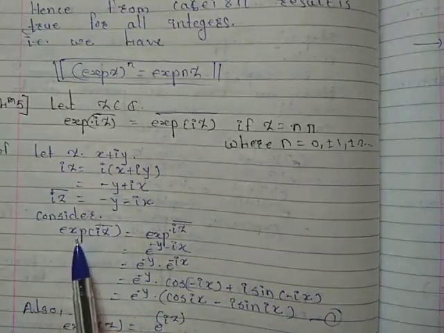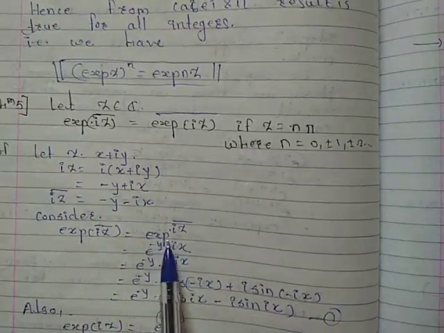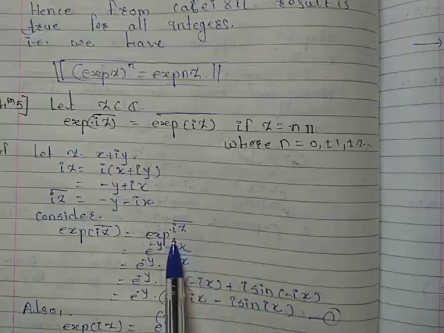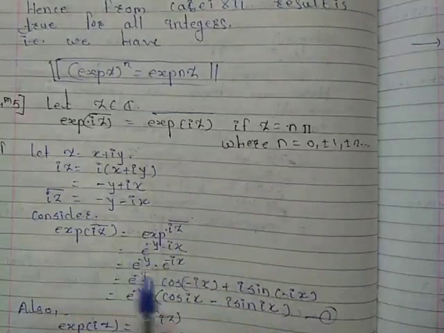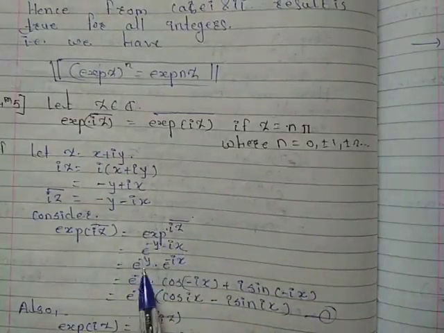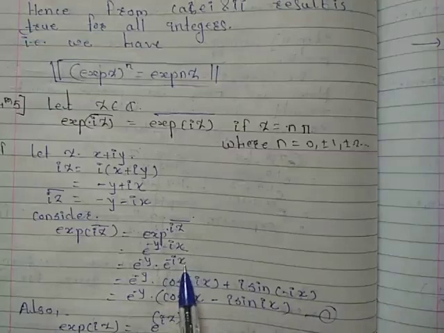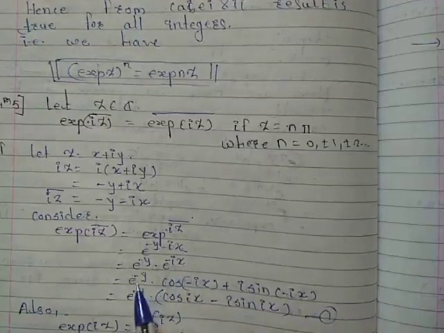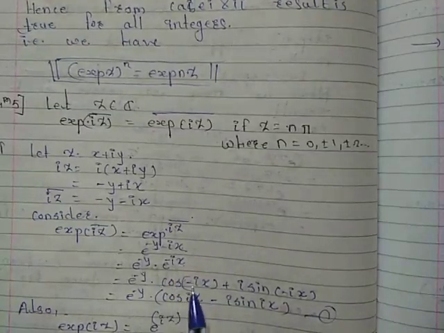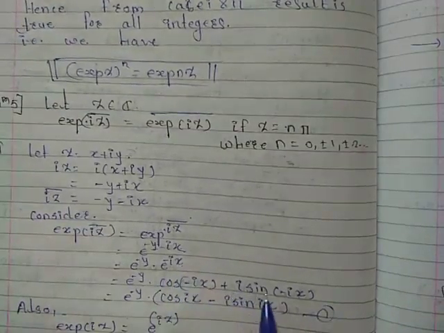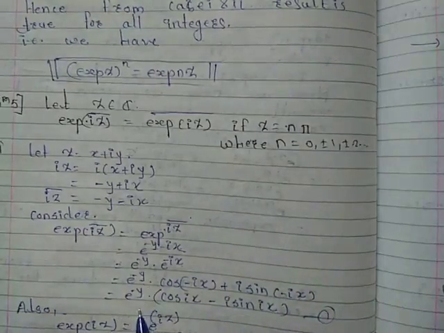Consider exponential of iz bar. This is e raised to iz bar. iz bar is minus y minus ix. This can be written as e raised to minus y into e raised to minus ix, which is e raised to minus y into cos of minus ix plus i sin of minus ix, which is equal to e raised to minus y into cos ix minus i sin ix.